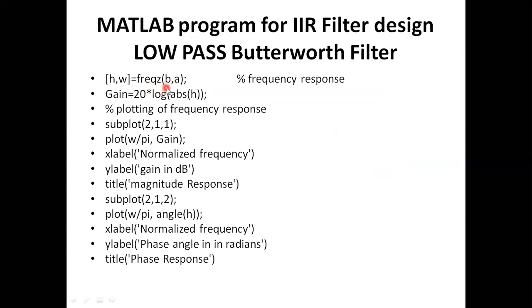From this command you will get the frequency response. I have written a percentage here. What do you mean by this percentage? Percentage means the line written with a percentage will be understood as a comment. It will not be understood as a command. So if you want to write any comment, you need to write it with a percentage. So this is your frequency response.